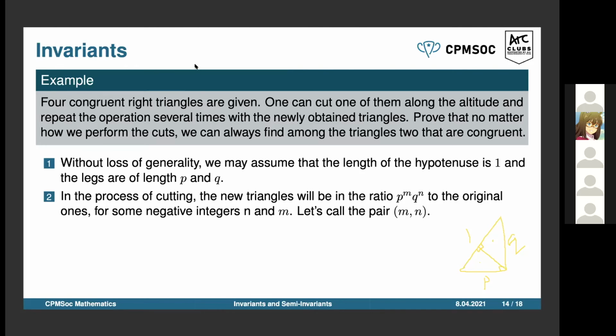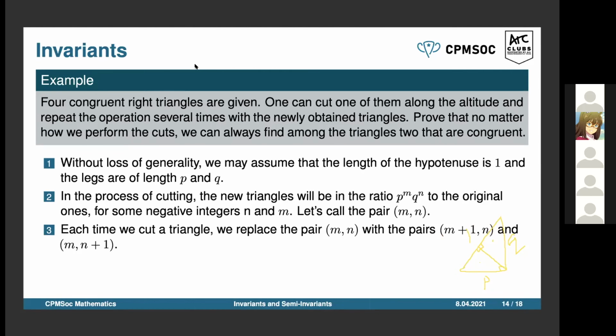Can I get another dot point? Yep, so every time we cut a triangle, we replace the pair M, N. So in this case, let's take our original triangle. For the original one, M, N will be 0, 0.